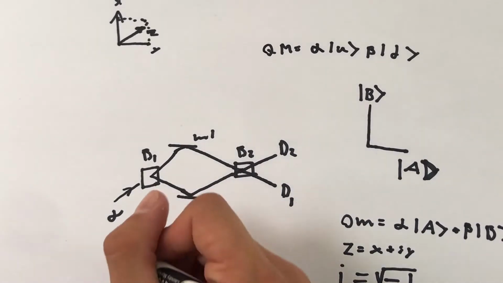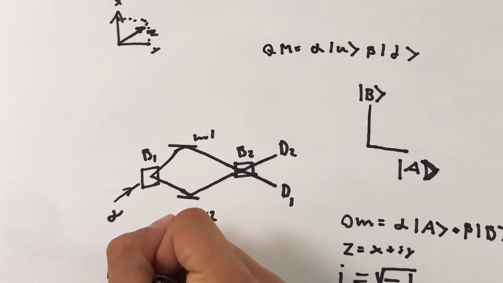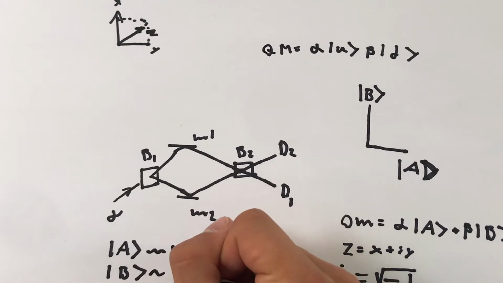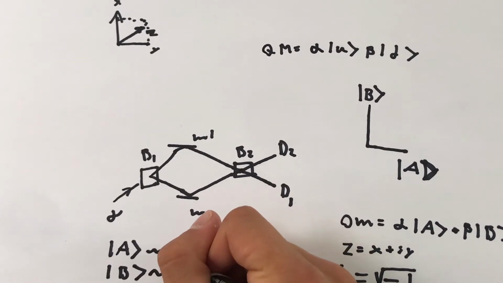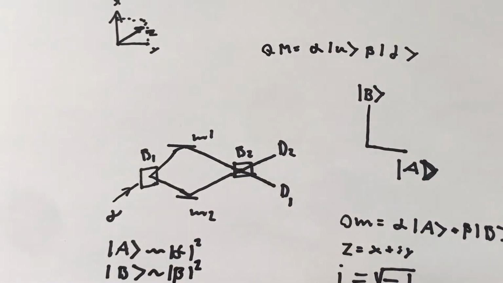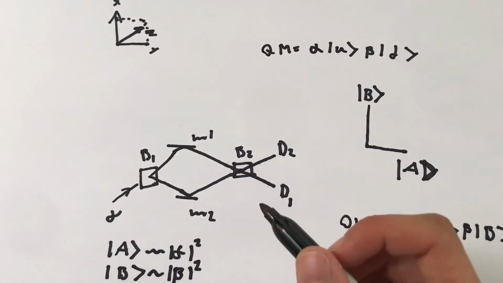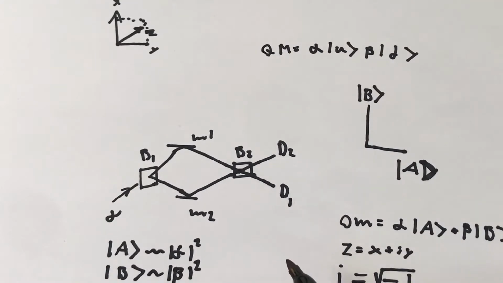And if you decided to measure B, that would be proportional to the norm of beta squared, since these are called probability amplitudes. You need to square the probability amplitude in order to find the probability of finding a particle in a given state. So to find a state, you need to take the probability amplitudes, alpha and beta, and norm square them.